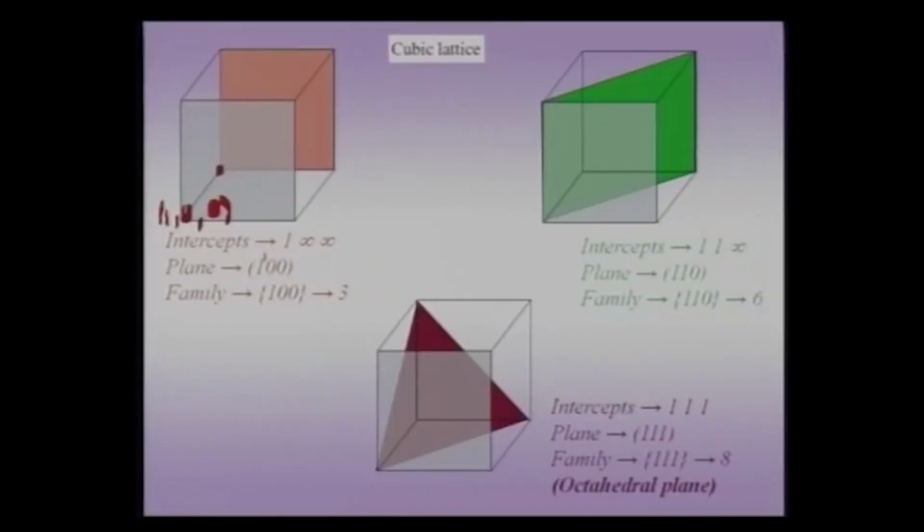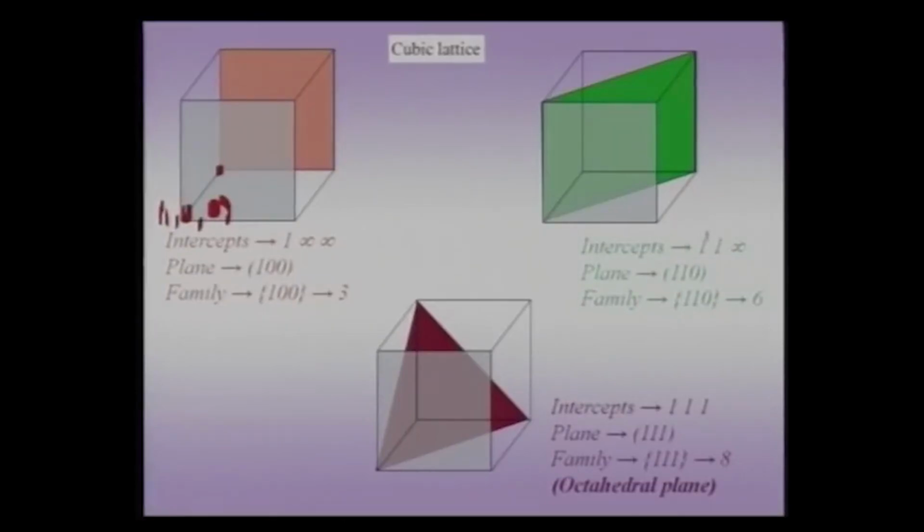1, 0, 0. Now, let me do the same process again for the green plane, which is shown here, which is another important low index plane in cubic crystals and cubic lattices. So, the intercepts for this plane would be, assuming this is my origin, 1, 1 and infinity in the 3rd direction. So, it never intercepts the z axis.